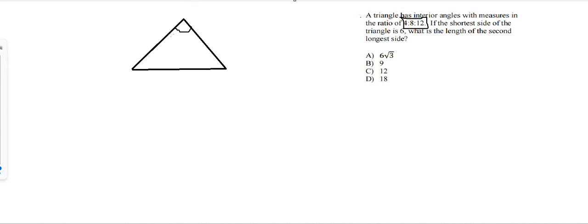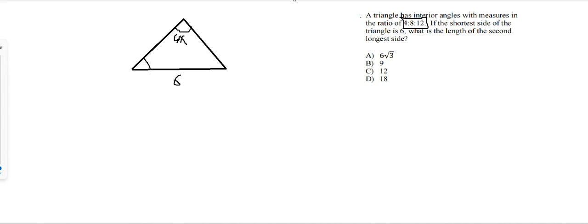So let us assume this as 4x, as the ratio is given as 4 is to 8 is to 12. This will be the smallest side, which is 6. My figure is not accurate, so don't go into geometry, just grab the concept.